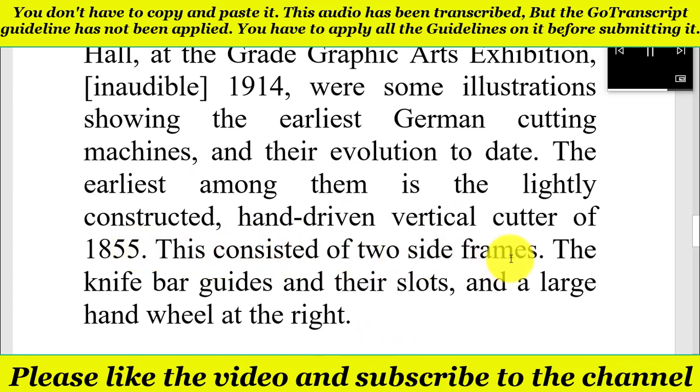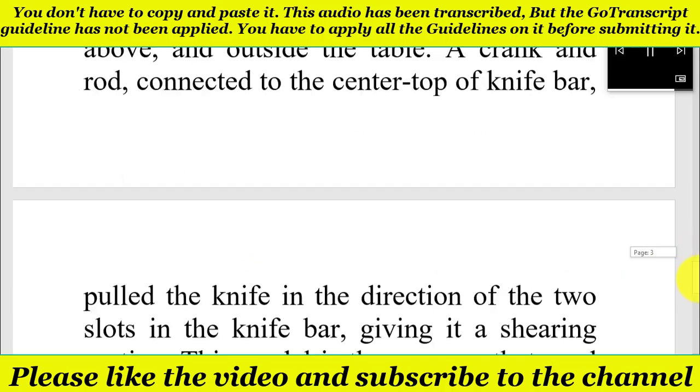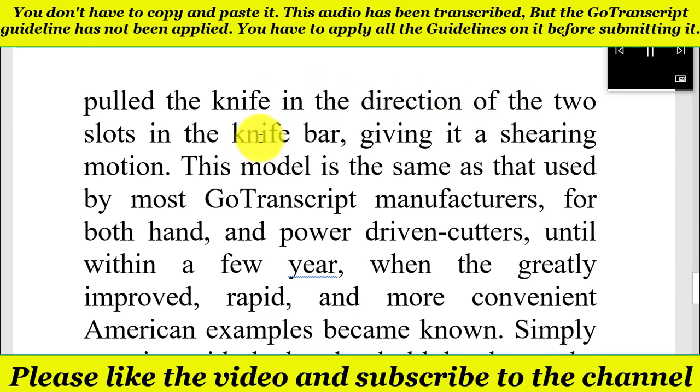This consisted of two side frames, the knife bar guides in their slots, and a large hand wheel at the right. The next stage was a cutter of 1876, a hand-driven wheel at the right turning gears above and outside the table. A crank and a rod connected to the center top of the knife bar pulled the knife in the direction of the two slots in the knife bar, giving it a shearing motion. This model is the same as that used by most GoTranscript manufacturers for both hand and power-driven cutters until within a few years, when the greatly improved, rapid, and more convenient American examples became known.